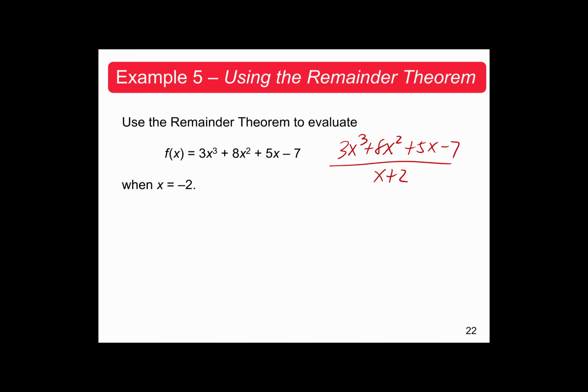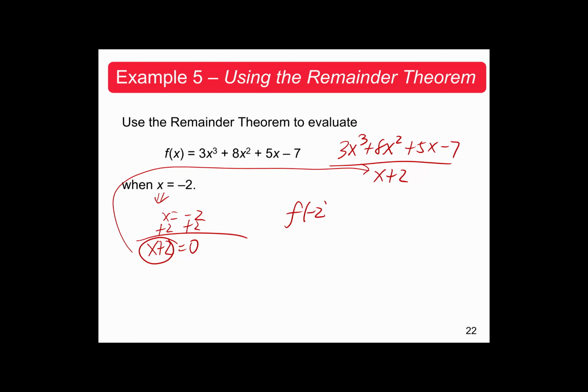So if x equals -2, that means the factor itself should be x plus 2. You could just also look at it as x equals -2, right? If you're adding 2 to both sides, you get a factor. So the factor should be x plus 2 equals 0. So x plus 2 should be the factor. So the remainder here should be f of -2.